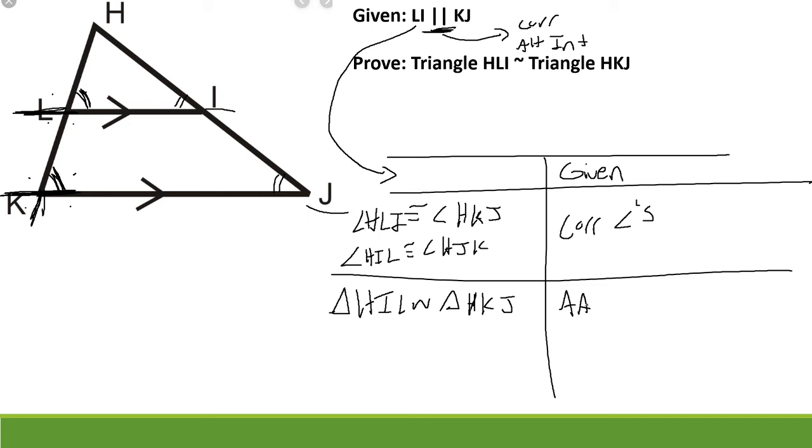So when you have a parallel as a given statement, you're given that these two things are parallel, then you're automatically thinking of, okay, corresponding angles and alternate interior angles. Again, alternate interior angles are the ones that form that Z shape. So if I have two lines here and a line across, alternate interior angles would be like if I outlined a Z. So there, there, there.